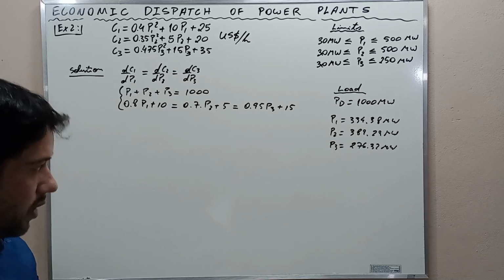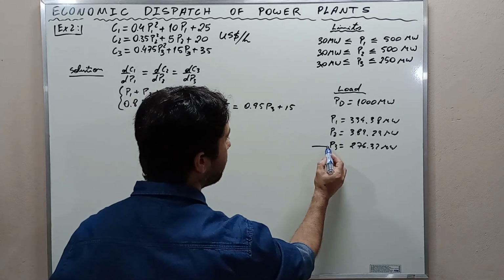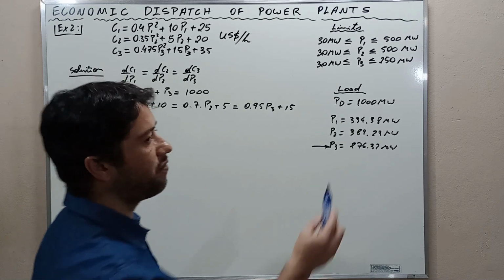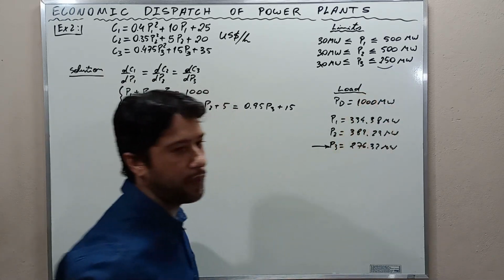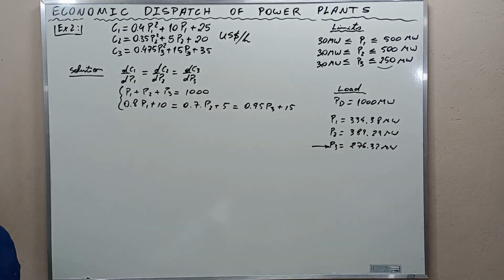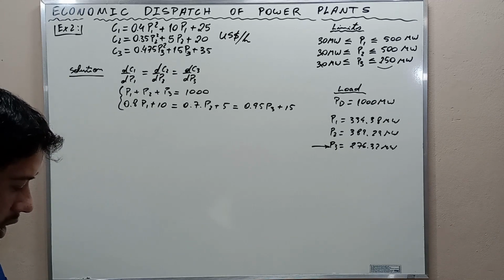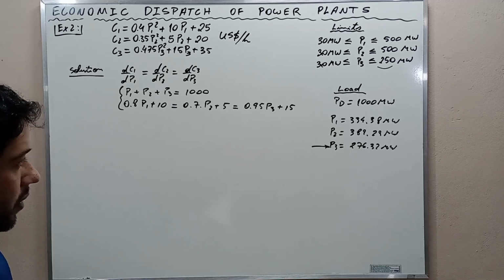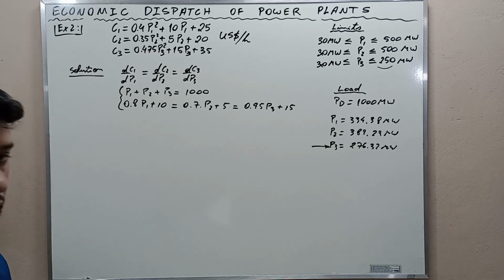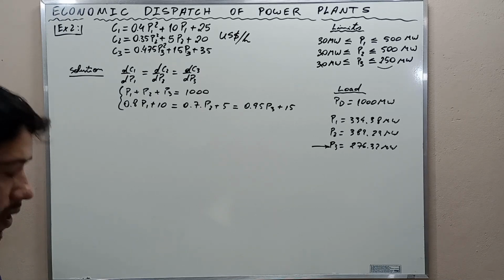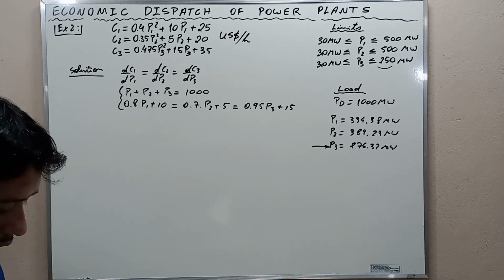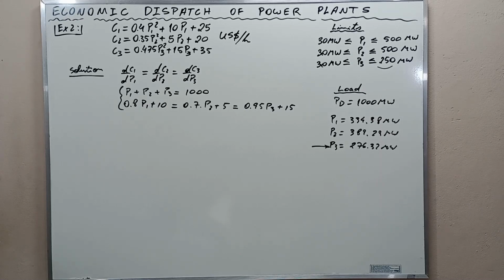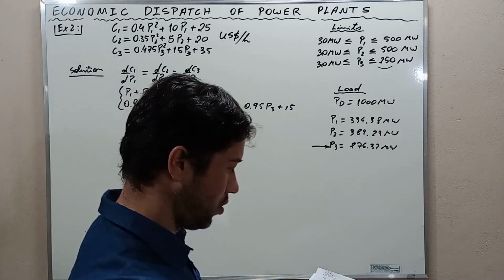What is the mistake? The mistake is here. Because we are violating the upper limit of generating unit 3. Observe that unit 3 violates its maximum limit. Therefore, we need to set P3 at 250, and the remaining load is going to be shared optimally among generating units 1 and 2.